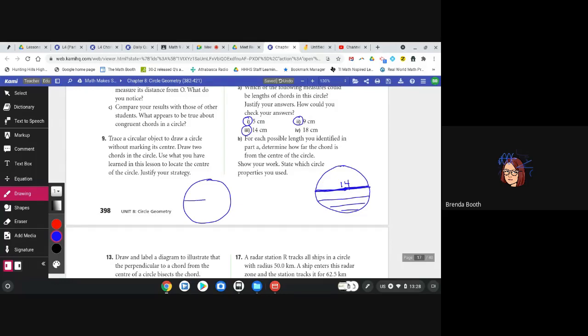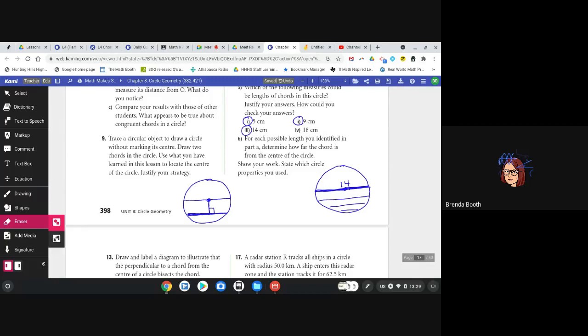You're going to draw it like this, parallel. And always make sure that when we talk about how far it is from the center, we're talking about the perpendicular distance. So I'm not talking about this distance. I want to know how far this chord is from the center point, so I need to know this distance right here.